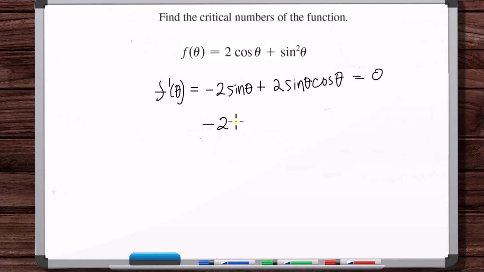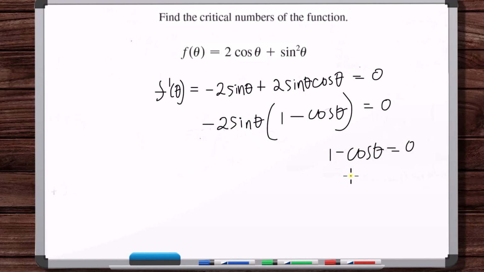minus 2 sine theta. So we get 1 minus cosine theta. So 1 minus cosine theta is equal to 0. That's what we just solved. So theta is equal to 2nπ.